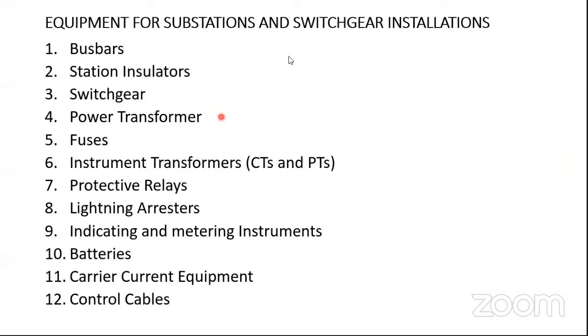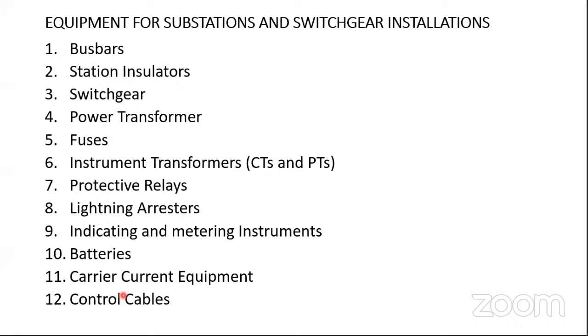So these are the things we find in a substation: bus bars, station insulators, switchgear, power transformer, fuses, instrument transformers, protective relays, lightning arresters, indicating and metering instruments, batteries, carrier current equipment, control cables. Bus bar, as we know, is the one that is connected with the input line and feeds various outgoing lines.